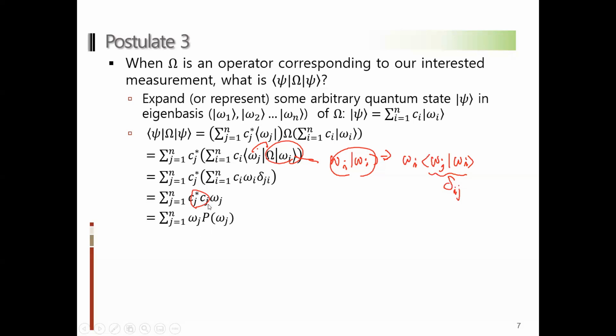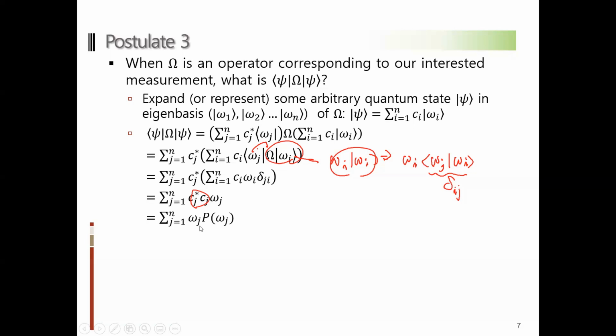This is the square of the absolute value of c sub j, and the square of the absolute value of the amplitude means the probability of measuring the j-th eigenvalue.